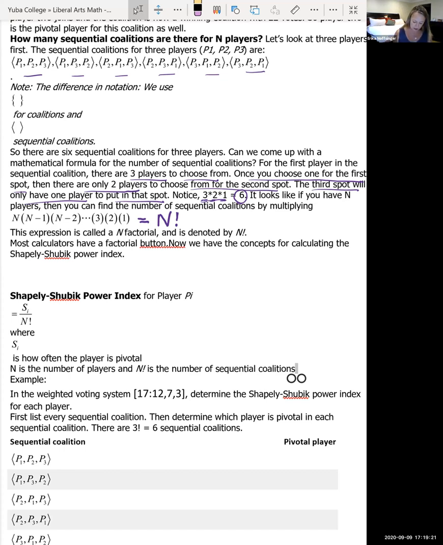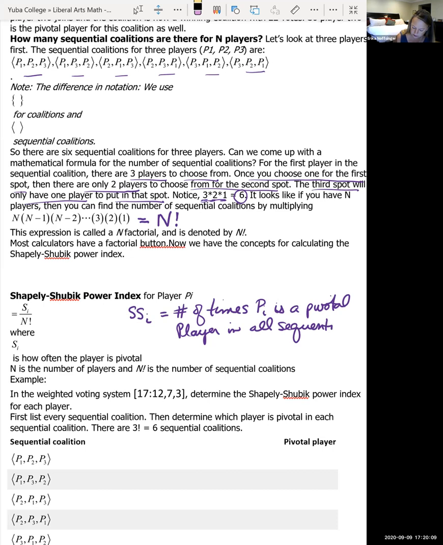For the Shapley-Shubik index, they use SS for Shapley-Shubik instead of just an S. So SS sub i is equal to the number of times player i is a pivotal player in all the sequential coalitions, divided by n factorial.